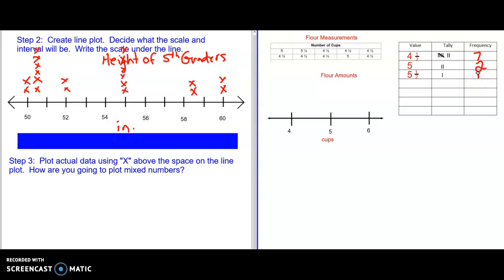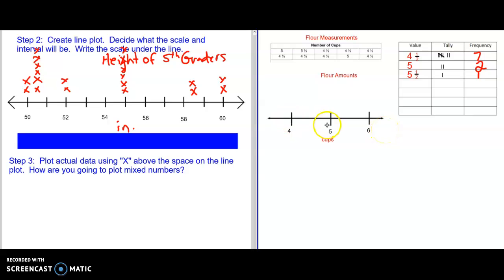Now I'm going to show you 2 different ways that you could do this line plot. Okay, so I already have my title, flour amounts. I have my label for my number scale, it's cups. And then we're going to do it this way. So right now, I have an interval of 1 between 4 and 5, 5 and 6. So I'm going to plot my information.